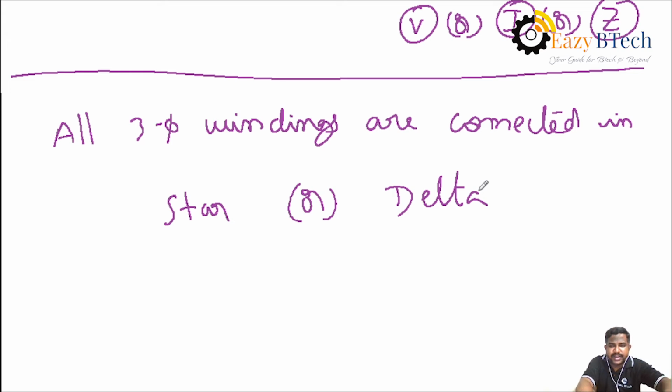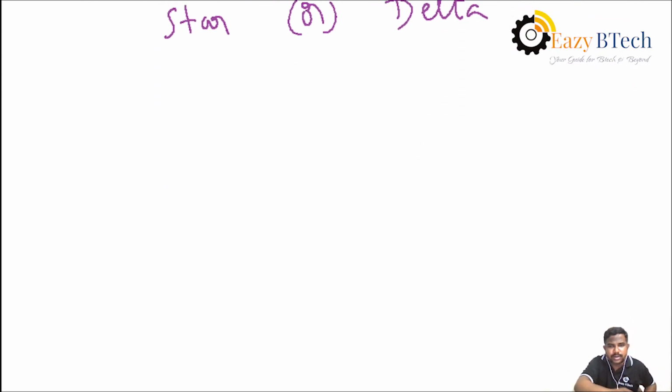All three phase windings should be connected in the form of star or in the form of delta. Then what is meant by star connection?